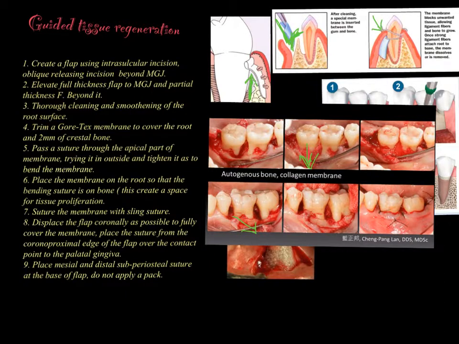Then we displace the flap coronally as much as possible to fully cover the membrane, and place the suture from the coronoproximal edge of the flap over the contact point to the palatal gingiva. Then we place the medial and distal subperiosteal sutures at the base of the flap, and we don't apply any pack.